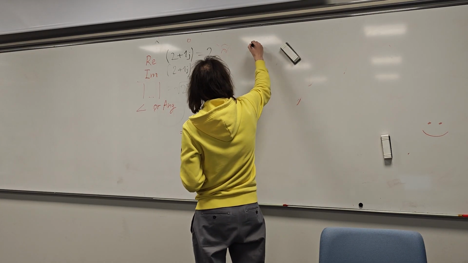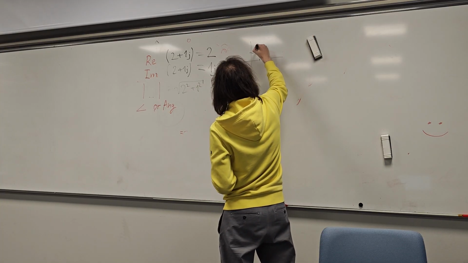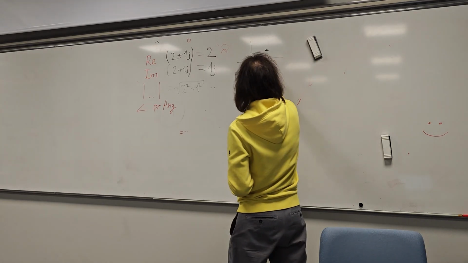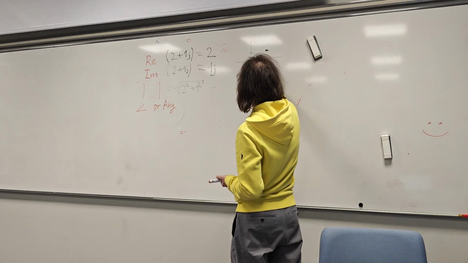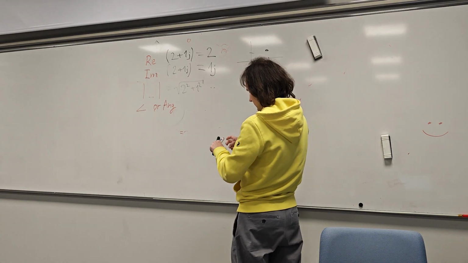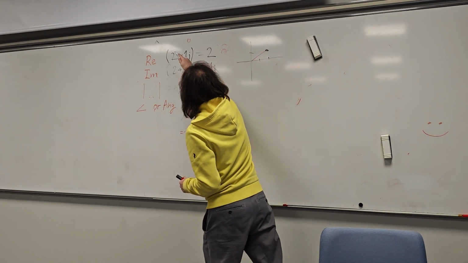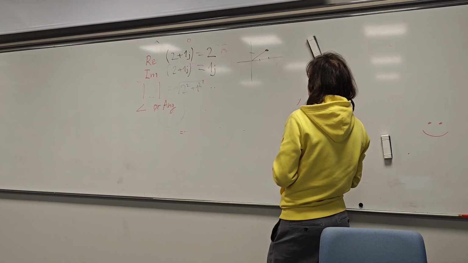So if we have a number like this, we can draw the line from 0 to the point with coordinates of the real and imaginary part.